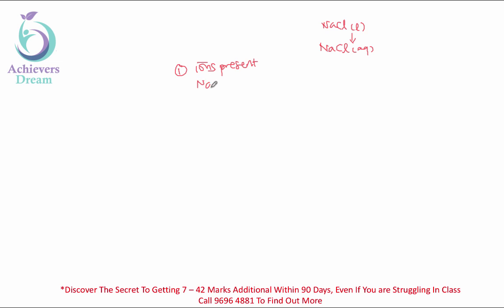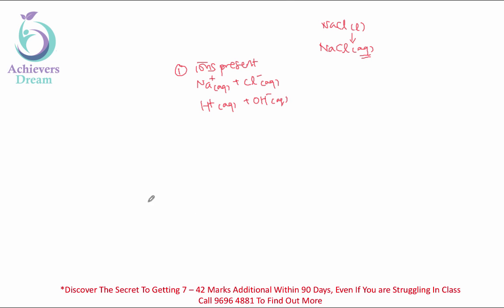You have Na plus aq plus Cl minus aq, but this time around, because it's aqueous, there's water content inside, so we put H plus and OH minus ions in there.